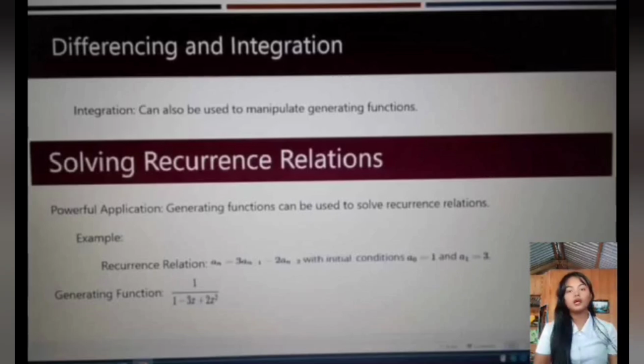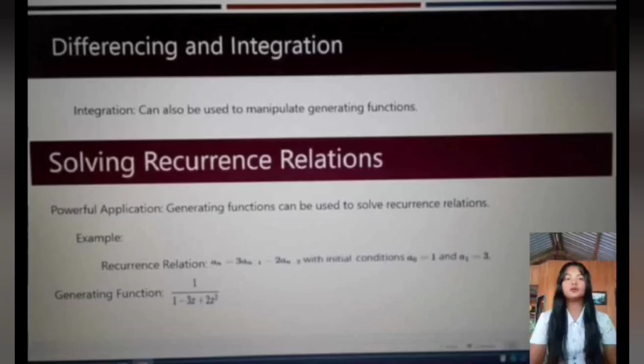Each term a_n is calculated from the two preceding terms, a_(n-1) and a_(n-2). The initial conditions a0 equals 1 and a1 equals 3 are needed to start the sequence.